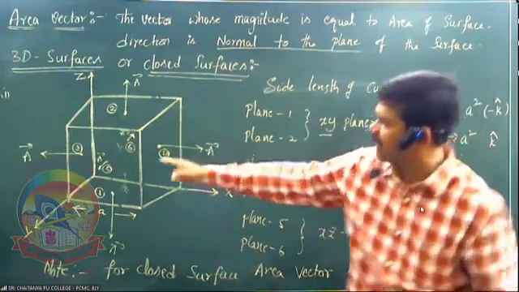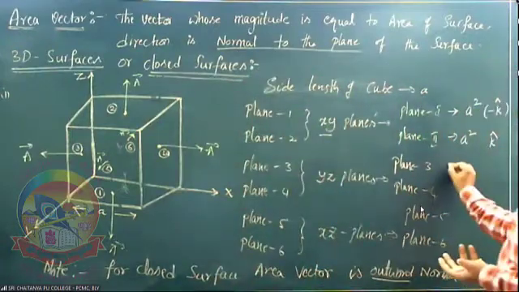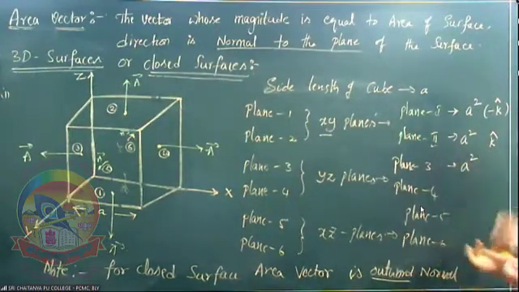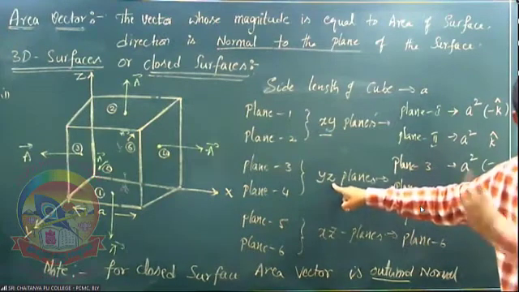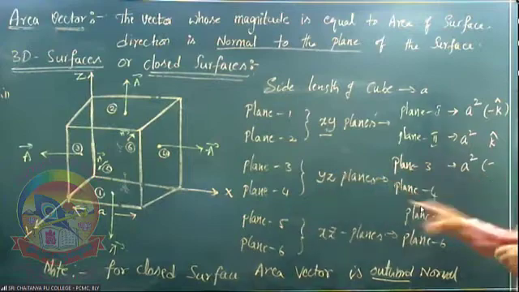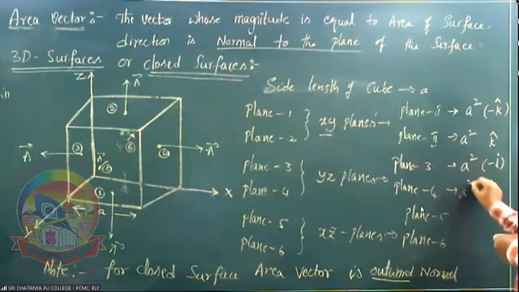Plane 3, here, negative side. Right? Plane 3, a square minus. Here YZ present means it is along x-axis. Area vector normal, but negative x-axis. Minus i. This is a square i.